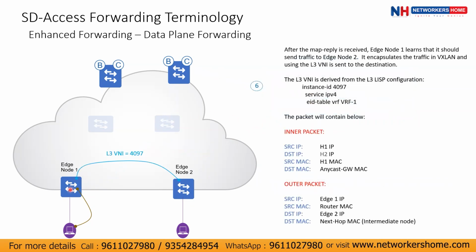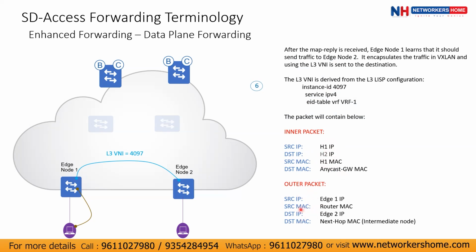Once it has the information, you can see it has all the information related to the VN, like the virtual ID. VN ID means the VRF instance ID, right? And you can see the encapsulation here. So the inner packet would be this. Your source IP would be H1, destination would be H2. The original header is that.